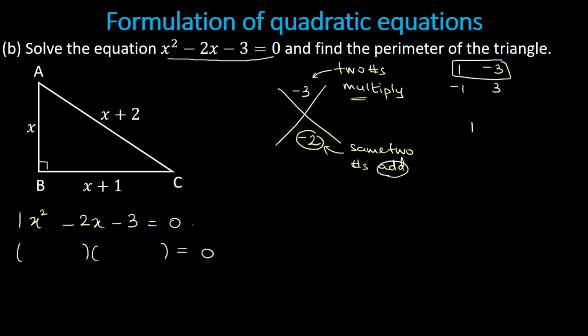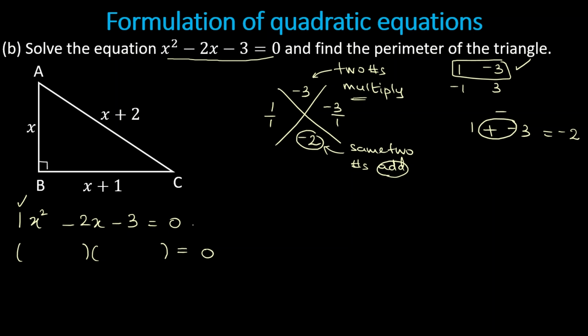Let us see. 1 plus negative 3 becomes 1 minus 3, which is negative 2. So yes, it is the first combination. So we write down 1, negative 3. Then we have to divide by the leading coefficient, which is 1.